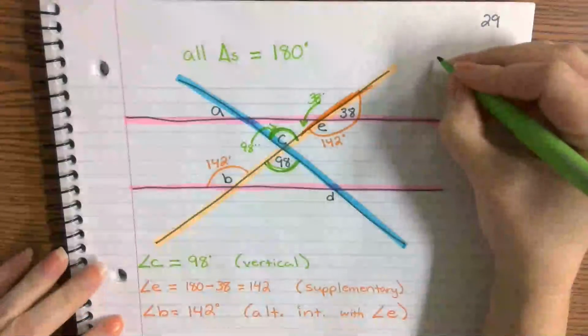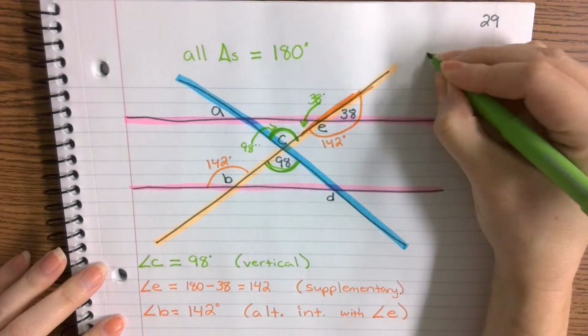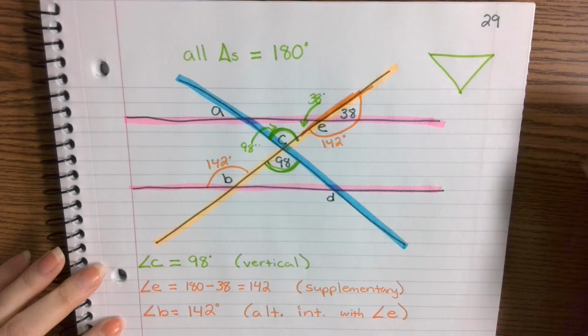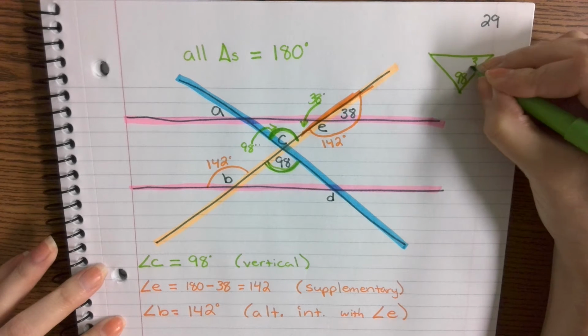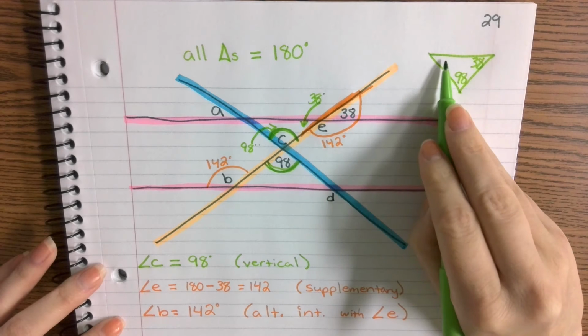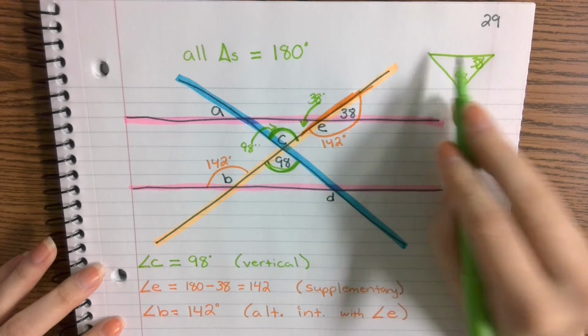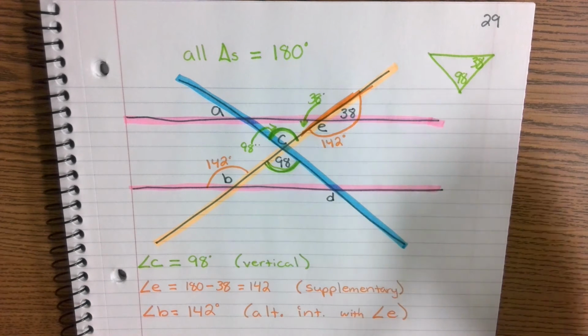So I have a triangle right now, and I'll draw the triangle off to the side, that is 98 degrees and 38 degrees. How do you think we're going to figure out this angle? Allison?